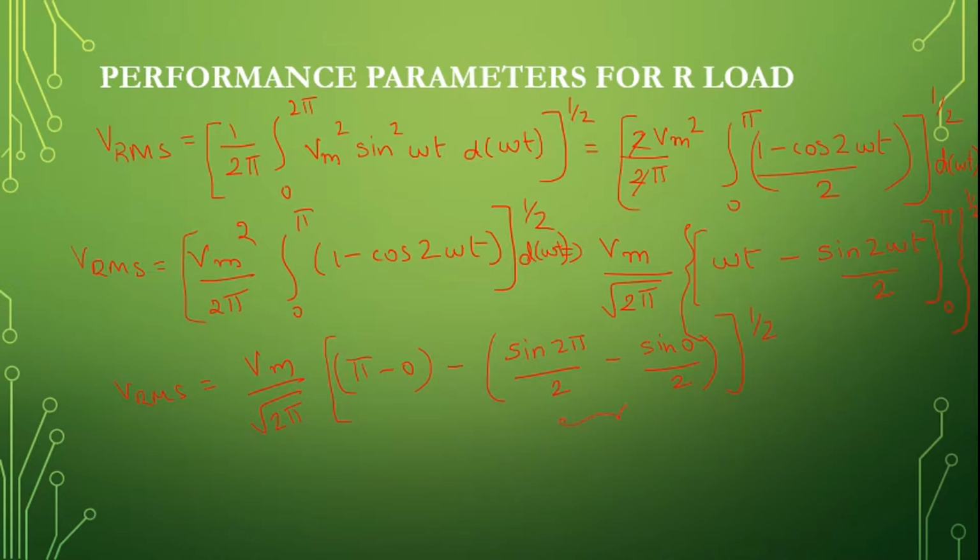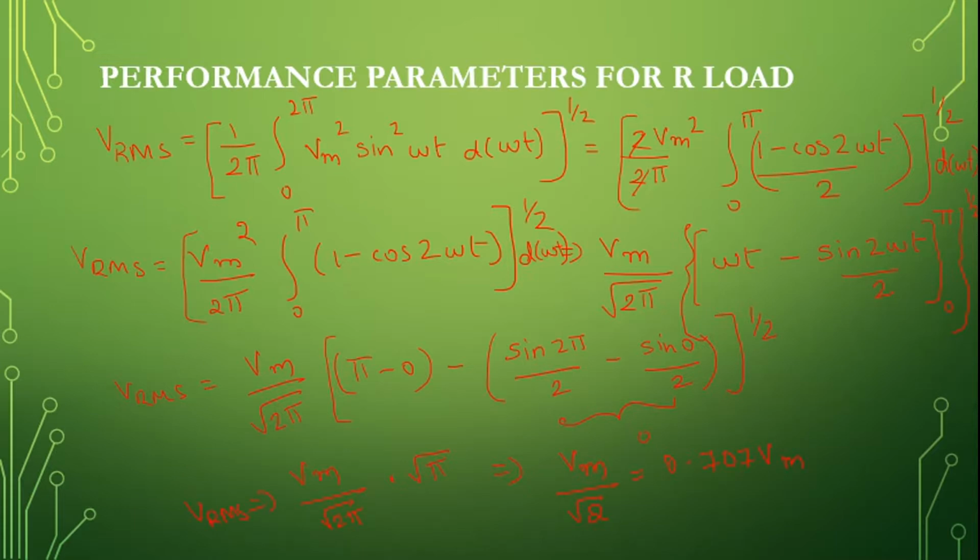The sine terms we know are 0. So we have Vm by root 2 pi into pi minus 0, which is pi, within the root. So root pi and root pi cancel. We are remaining with Vm by root 2, which is nothing but 0.707 Vm. So this is our RMS value of the output voltage.